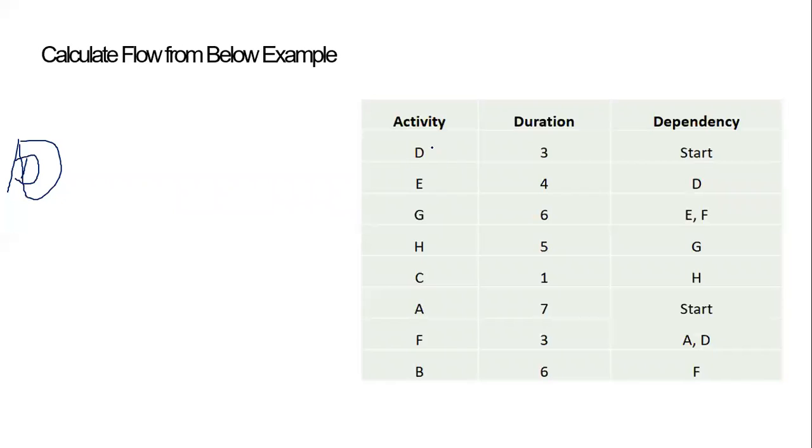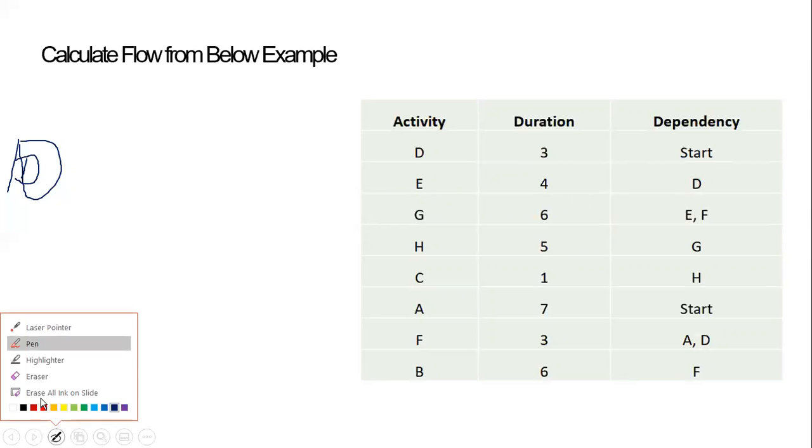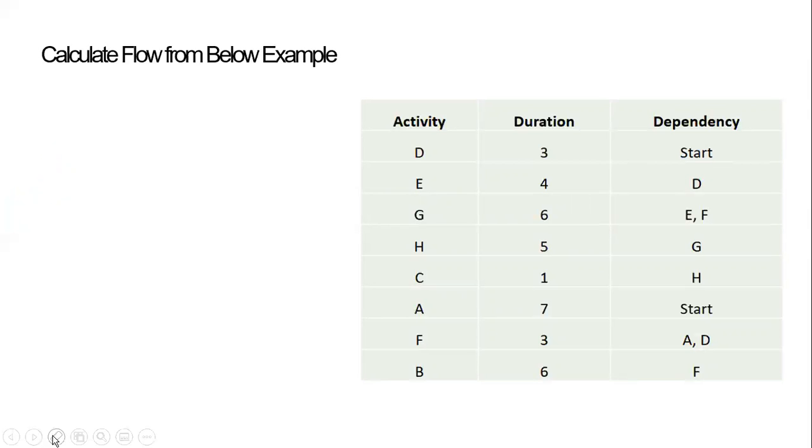So D, I can see that it is a starting activity. Let me quickly delete this, and let's go back to pen. All right, so let's say I have start. I will just keep on drawing this as D. D is depending on nothing, it's a starting activity.